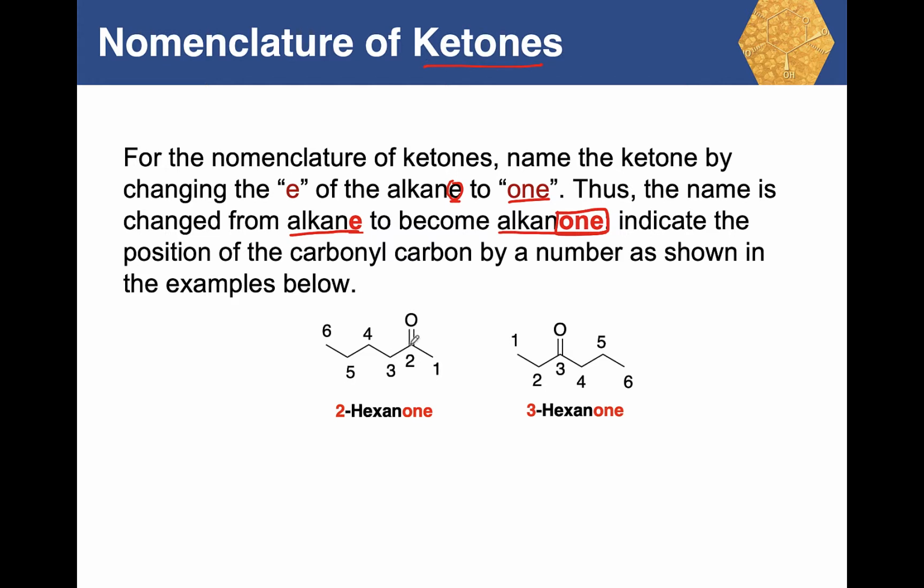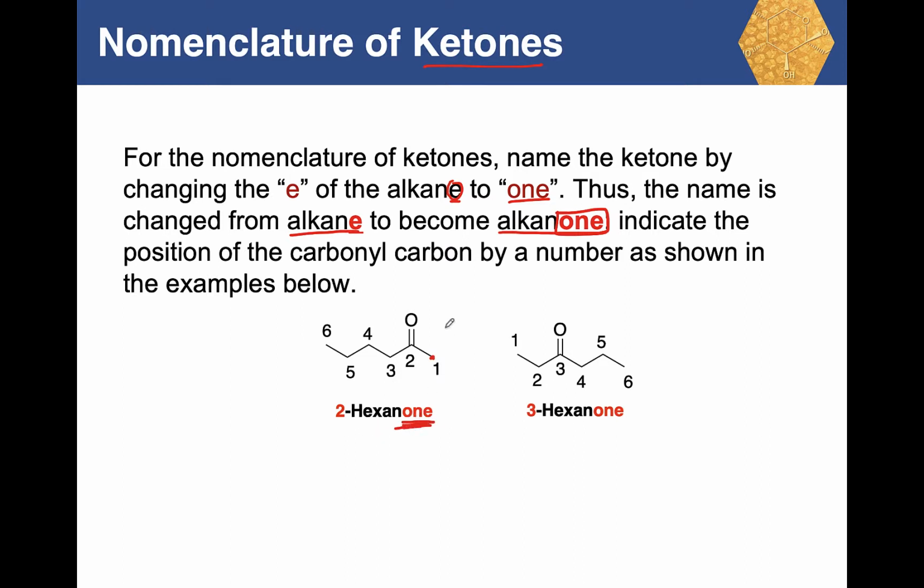So here we go. Here's the same molecule we had before. We know we start numbering here because that's 1, because it's closest to the carbonyl of the ketone. So it's 1, 2, 3, 4, 5, 6 carbons. We know 6 carbons correspond to hexane, so it goes to hexanone.